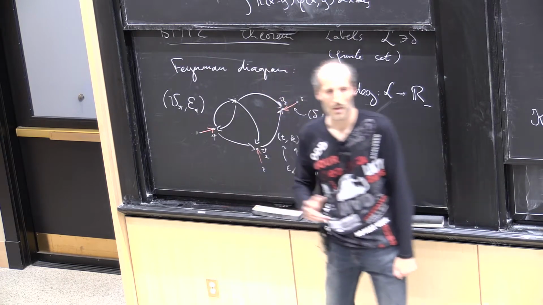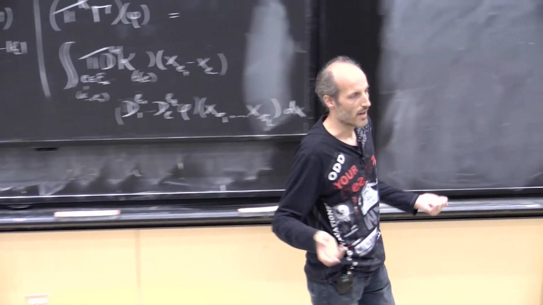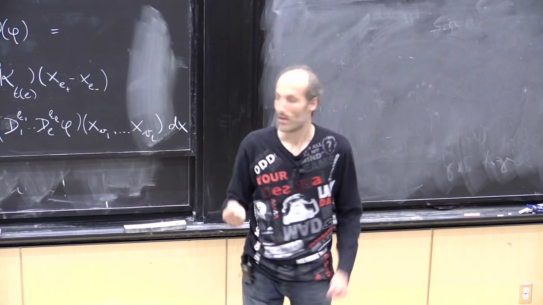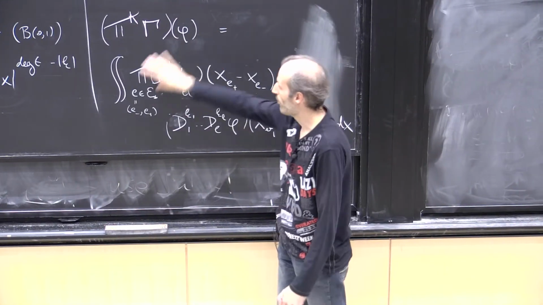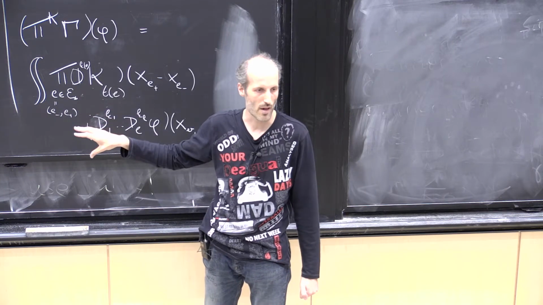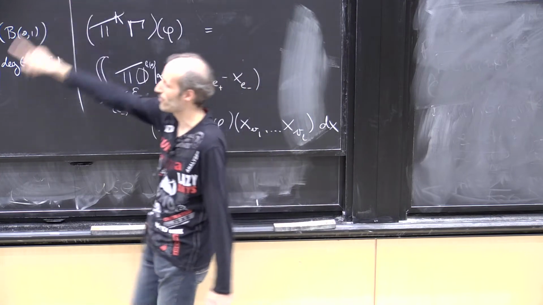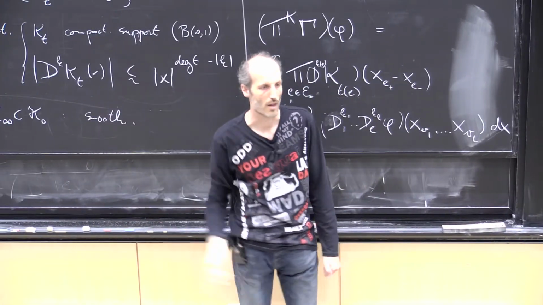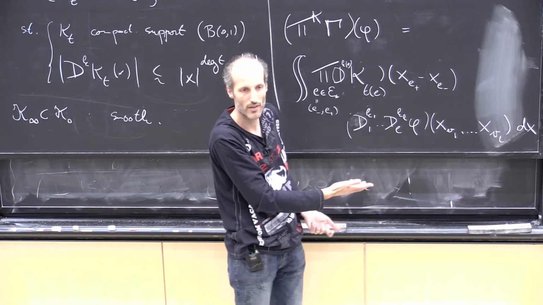And now the question is: is there a canonical way of actually making sense of all of these distributions simultaneously, for all Feynman diagrams, for all kernels in case 0 and not just the smooth ones? Here I assume that it's smooth, so then this always makes sense.